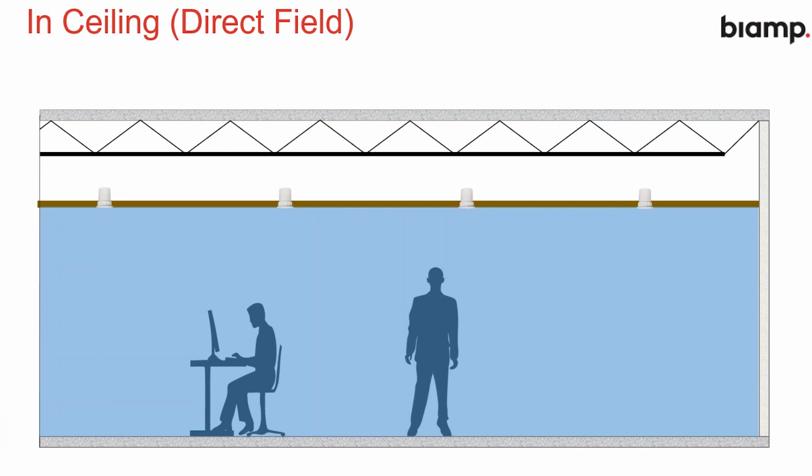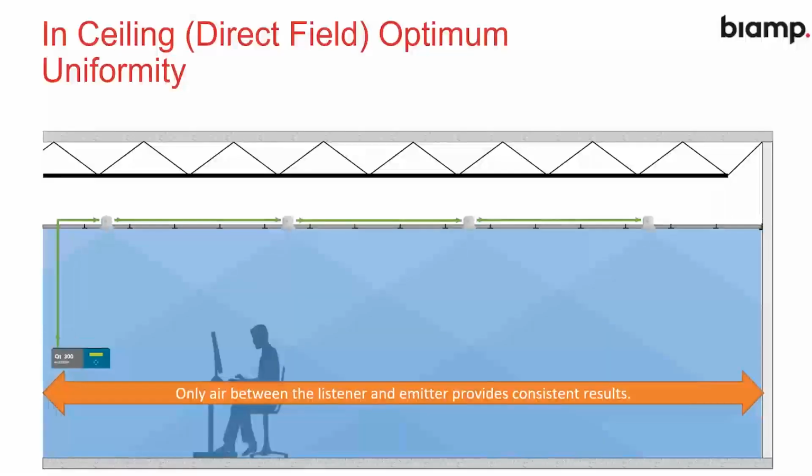The reason this is an ideal way to do sound masking is quite simply that the only thing between the listener and the emitter, or speaker, is air. This way we get consistent results without other factors interrupting the sound.